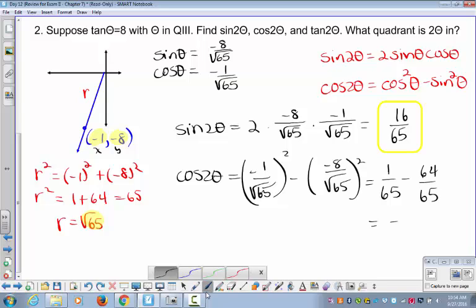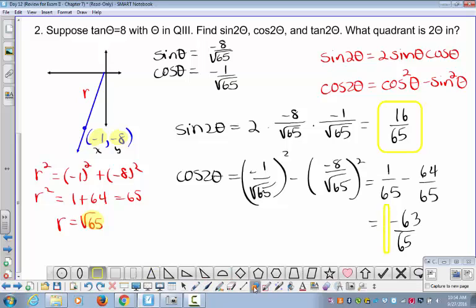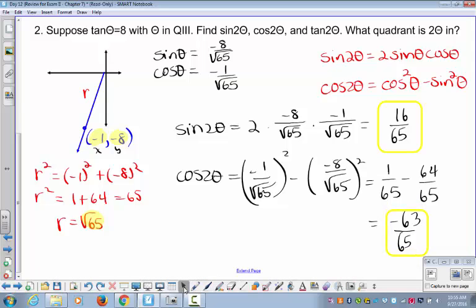So we end up with minus 63 over 65. What quadrant is 2 theta in? 1, 2.